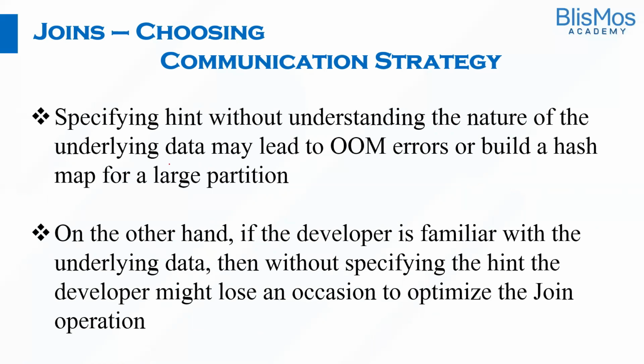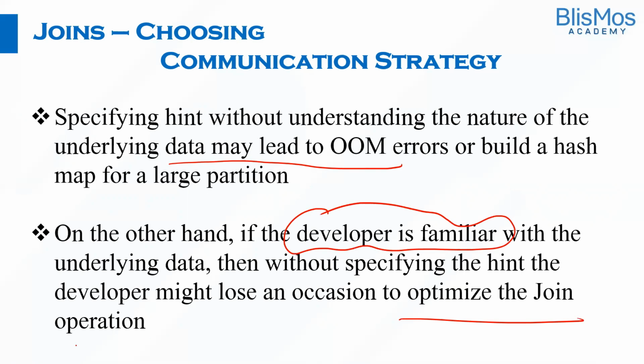Otherwise, that may lead to out of memory errors, or you may end up in a system crash or something like that, because you are not dealing with a small amount of data here, you are dealing with big data. On the other hand, if the developer is really good in this whole strategy, it is always better to specify the strategy to optimize the join operation.